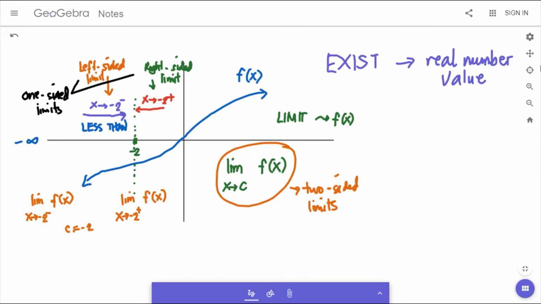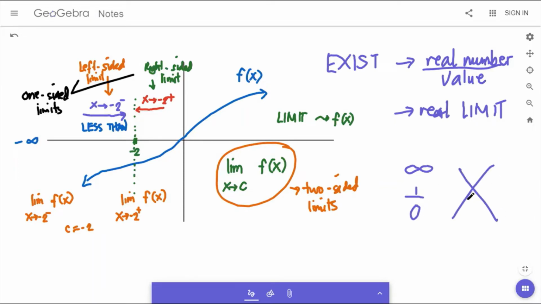Other books you might encounter will call this a real limit. So, a real number. And definitely, when you talk about infinity, yung mga undefined, these are not real numbers. Okay?